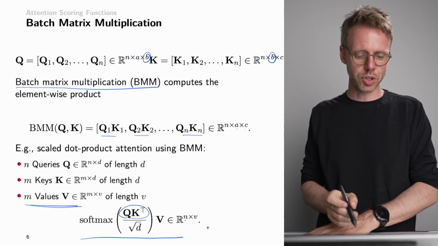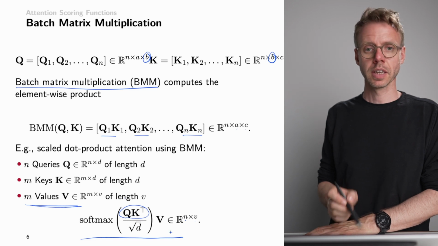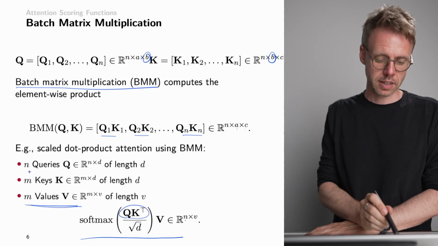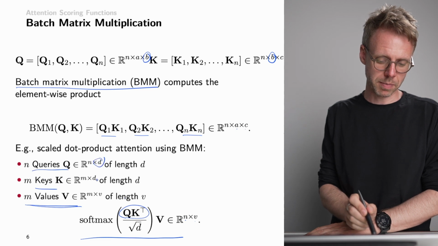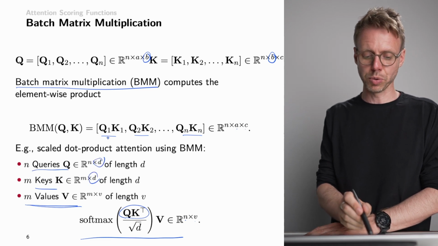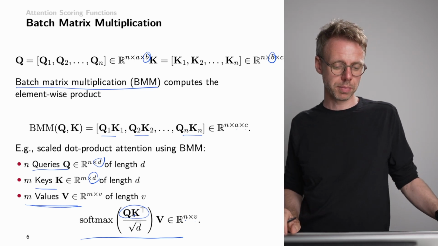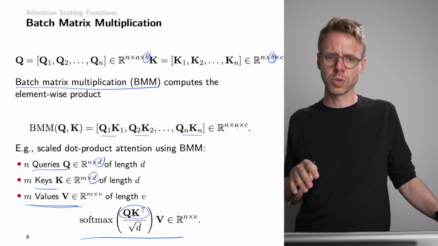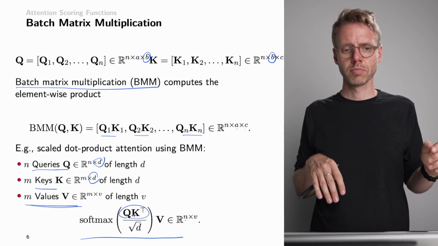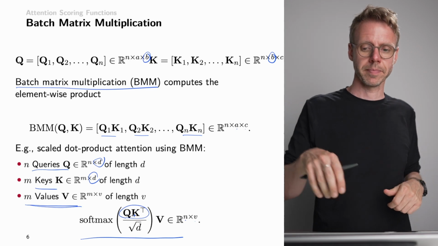Now, one assumption of the scaled dot product attention, the way we've written it here, is that the queries and the keys have the same dimensionality. Otherwise, we cannot compute this matrix multiplication between Q and K transpose. What can we do if queries and keys may have different dimensions?